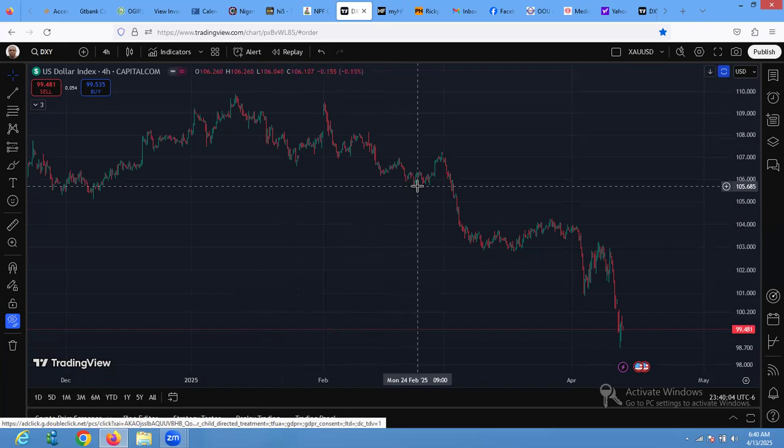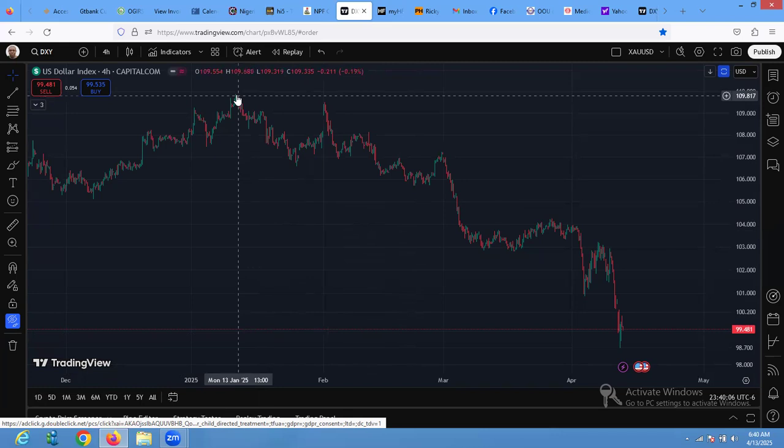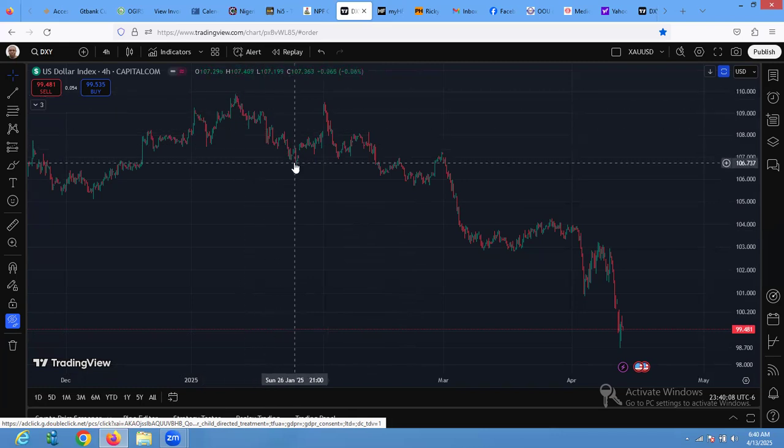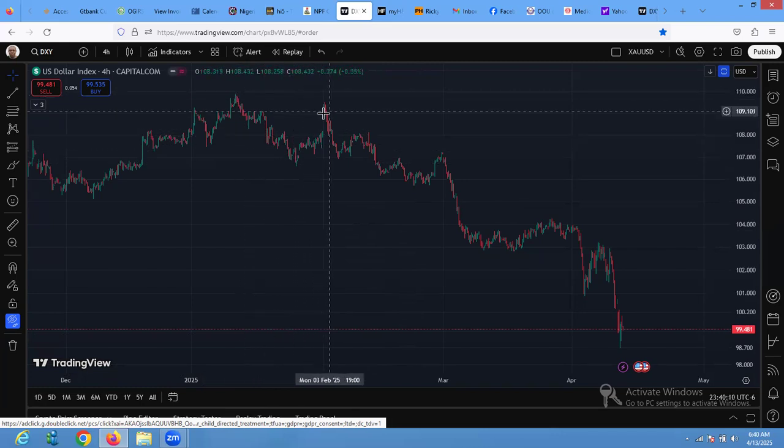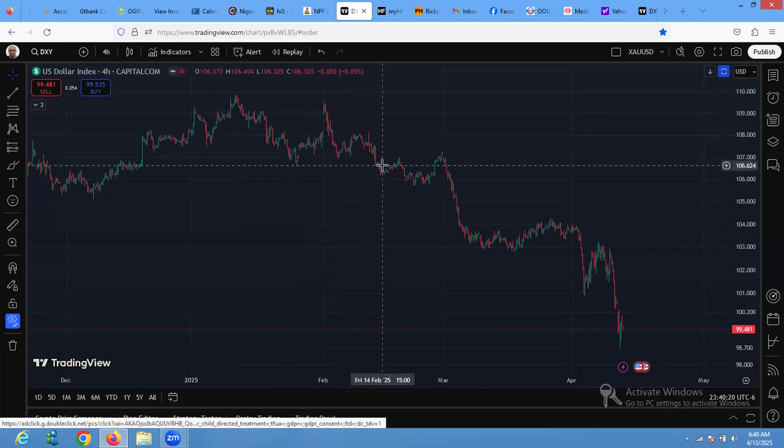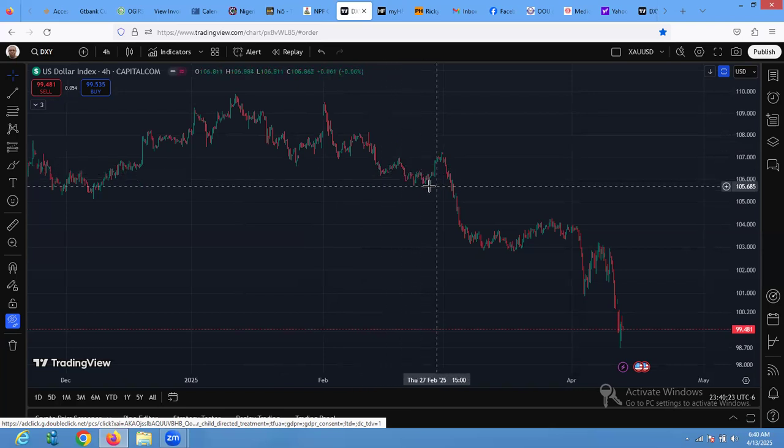I want you to get what I'm trying to say. I said this is like a wave 1, A, B, C, this B in the middle of a wave 2. Then in a wave 3-1 that is a bit longer, we have seen a 1, a 2, a 3, a 4, a 5 here, and a 3-2 here.